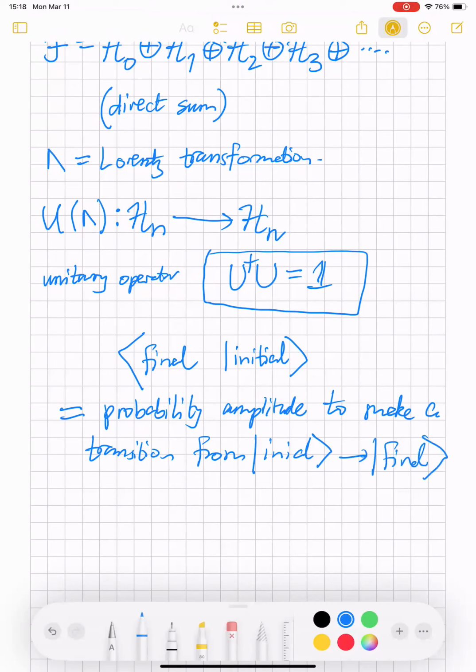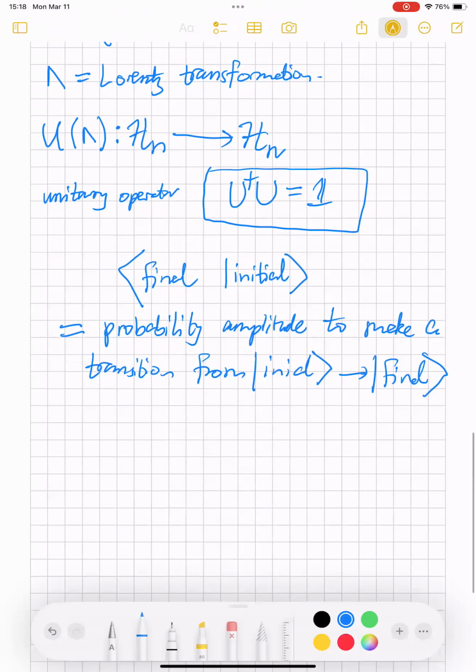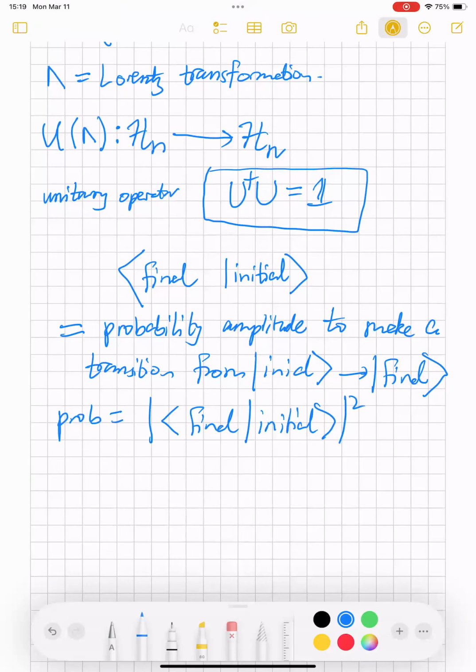Okay, that's the probability amplitude. So if you wanted to get the probability, you would simply square the probability amplitude. And this is how we calculate all predictions in quantum mechanics, by calculating the overlaps between two states.